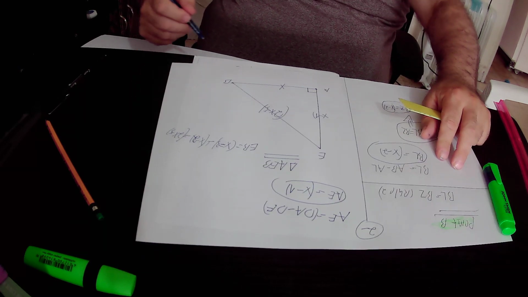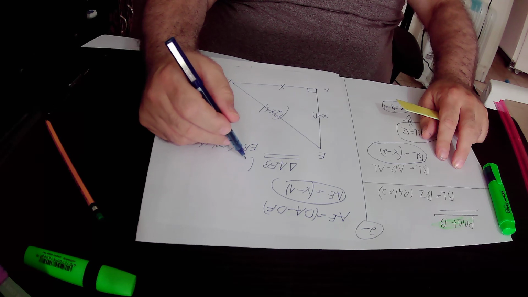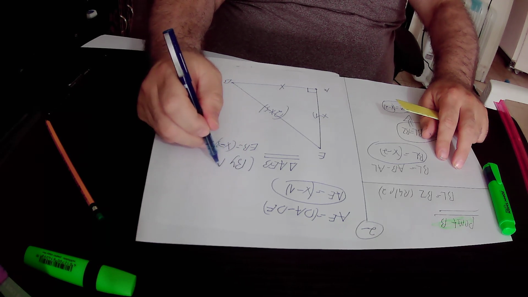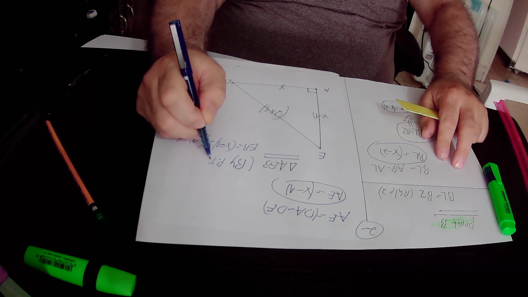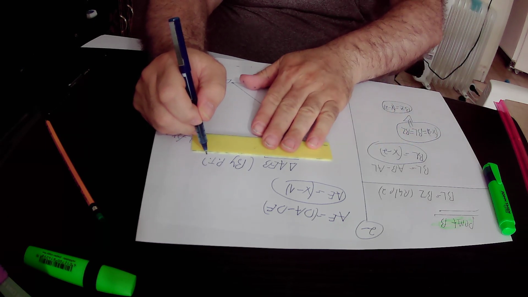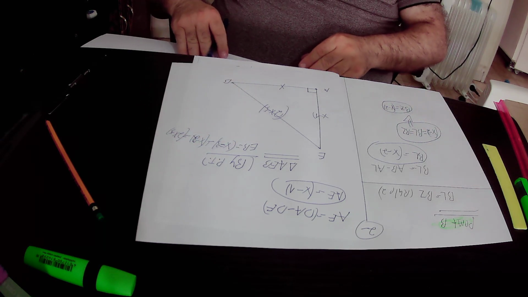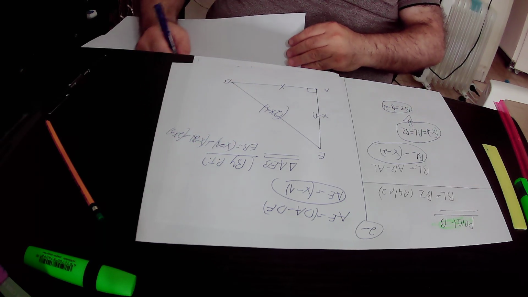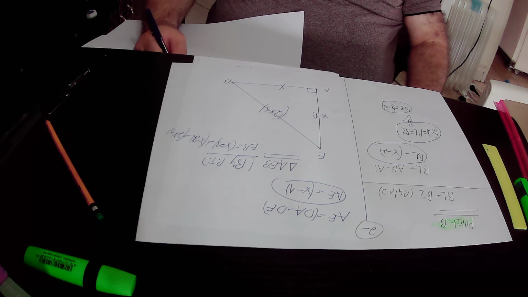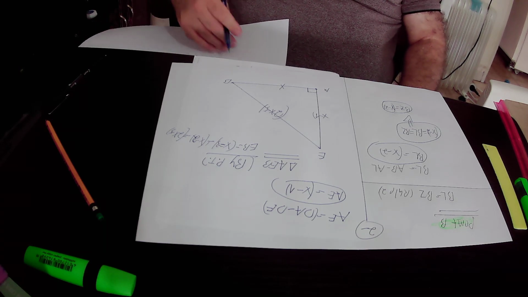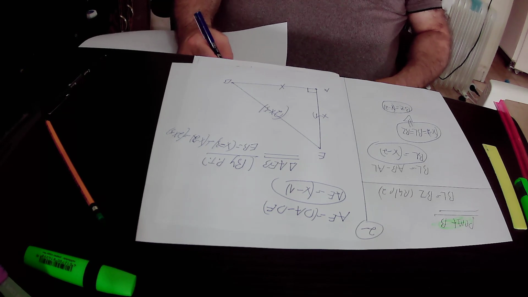Now we will implement the Pythagoras theorem in the right triangle EAB. PT is the abbreviation for Pythagoras theorem. According to the Pythagoras theorem, the square of the hypotenuse equals the sum of the squares of the perpendiculars.